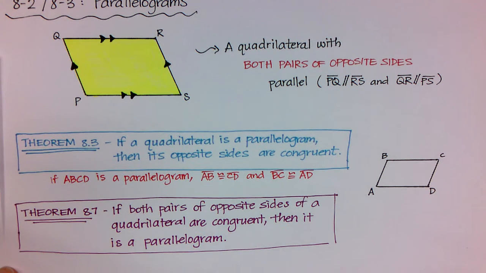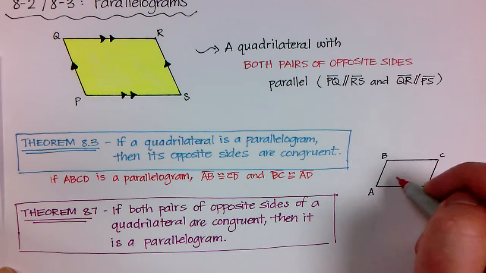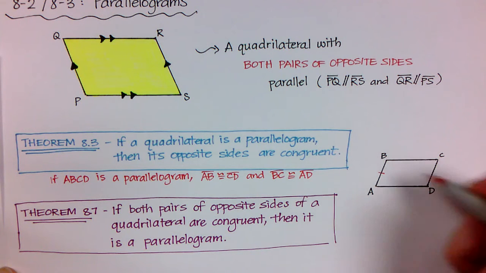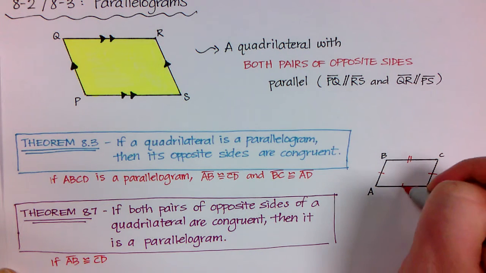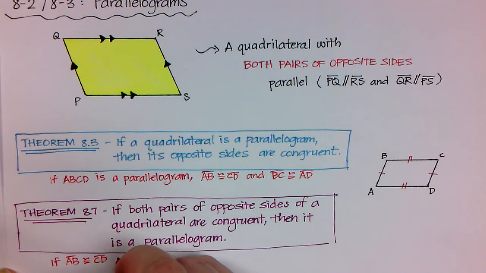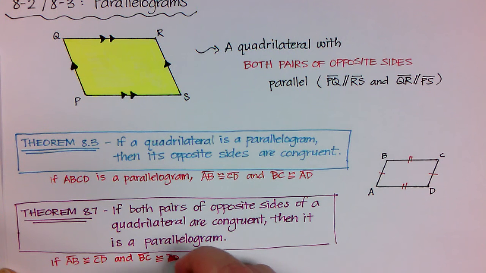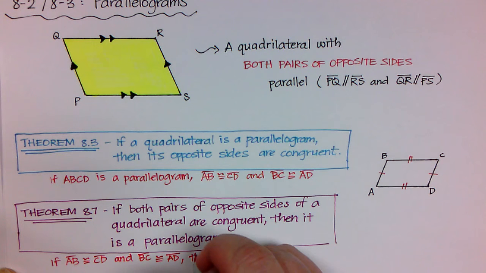So this time we're stating, if I know at the very beginning that, let's say, AB is congruent to CD, and also if BC is congruent to AD, then that's enough information to say that it is a parallelogram.